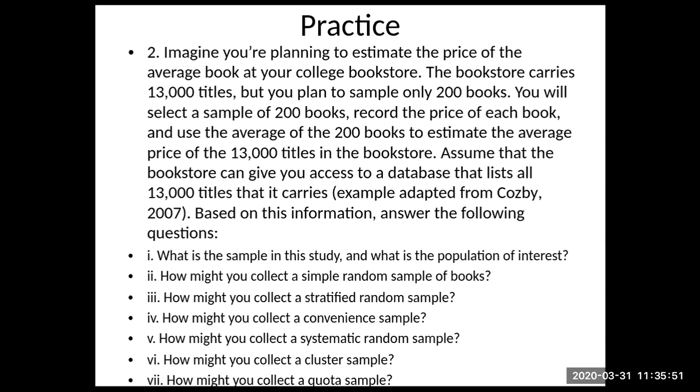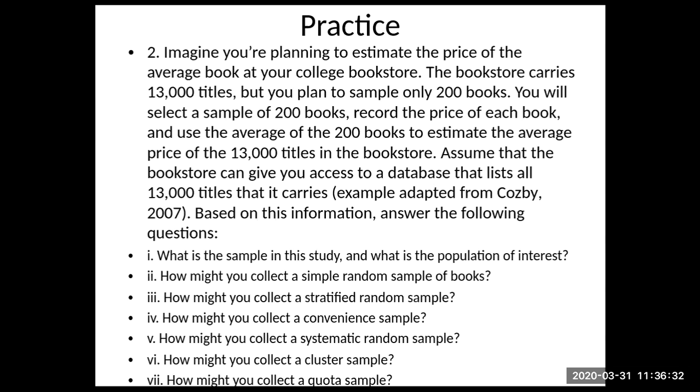How might you collect a stratified random sample in this case? If we know that a certain percentage of books exist, how many of these books are psychology books? How many are math books? How many are English books? We can look at the number of classes or the percentage of students in each of these classes from ELAC in any given semester, or given year, and say, if 20% of students are taking psychology classes, in this case, if it's 200, we'll get 40 books from psychology.